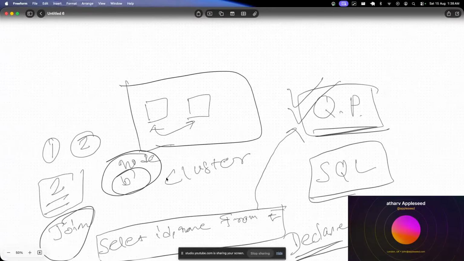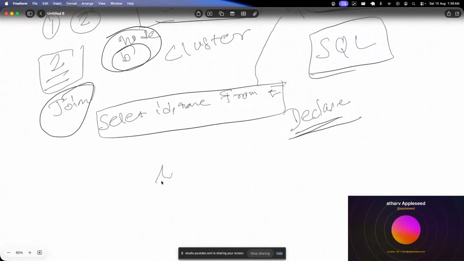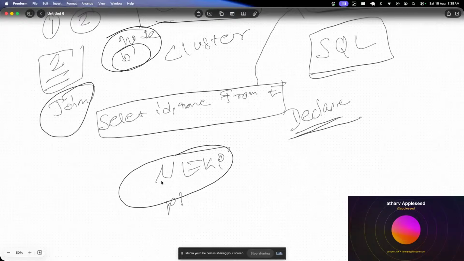There are a lot of managed services like Neki for Postgres by PlanetScale. This is not sponsored, by the way. I love PlanetScale. I use it. PlanetScale is pretty fast and good as well, and they also have something for MySQL.